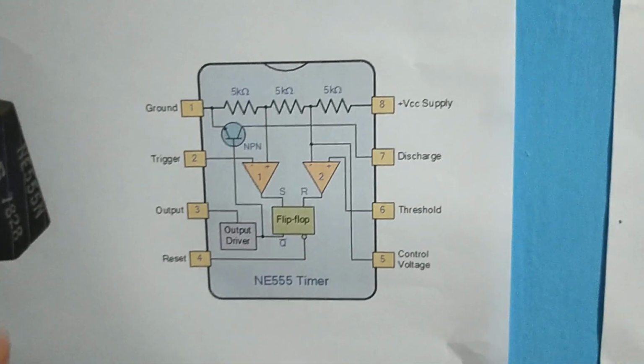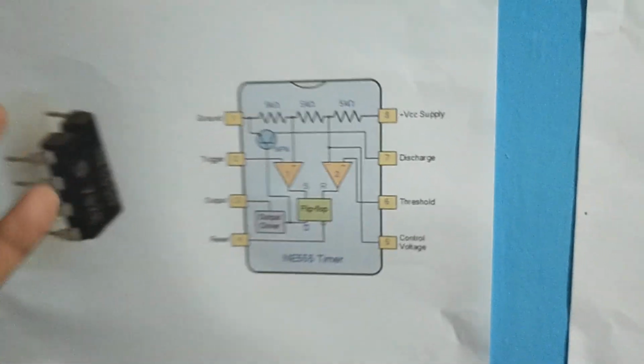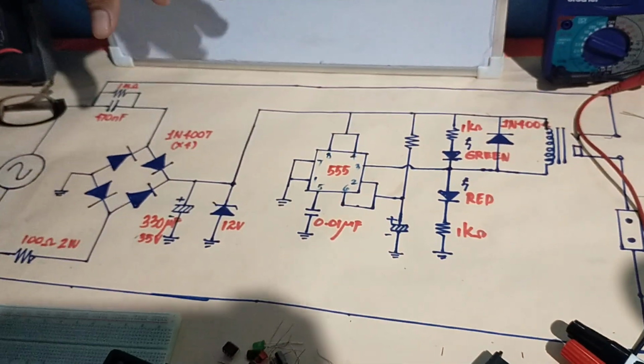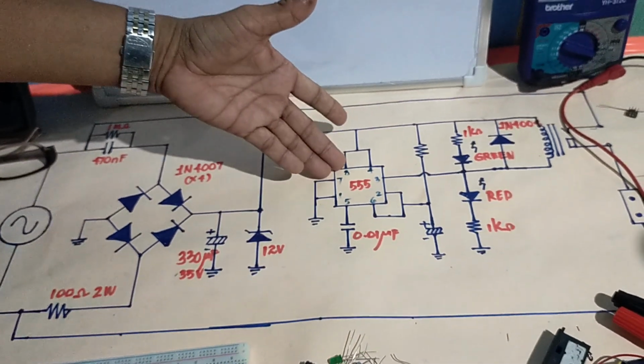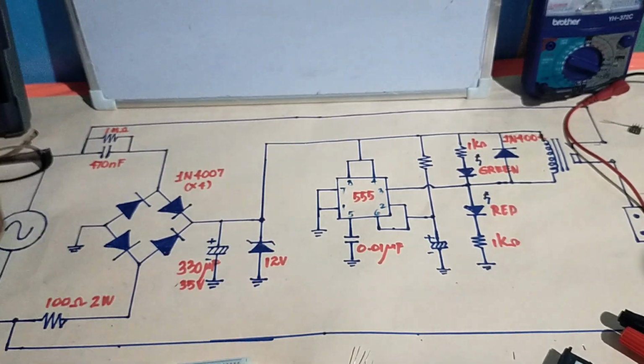Moreover, this 555 timer IC is a multifunctional IC. It can make lots of projects. Actually, one of the applications of this LM555 IC is the appliance protector circuit. This appliance protector device uses the 555 timer IC that operates the circuit.